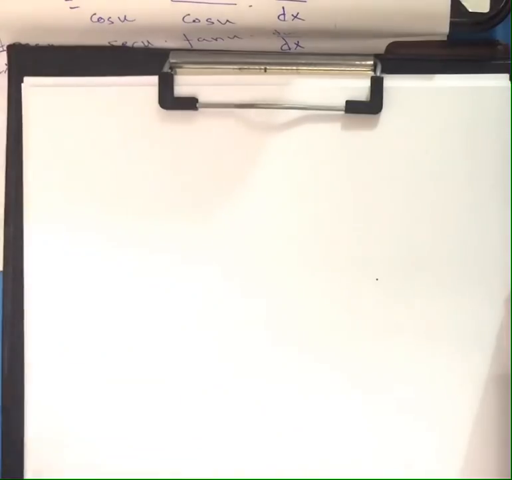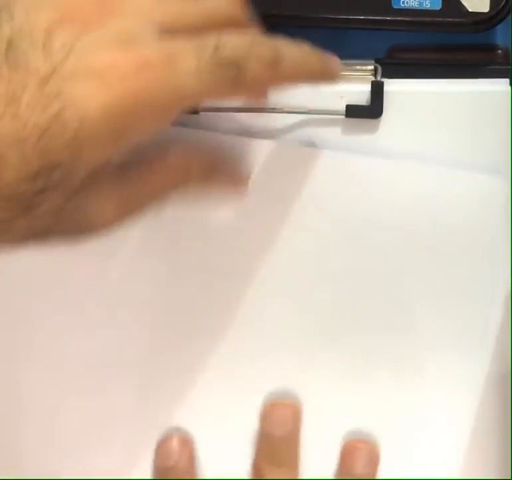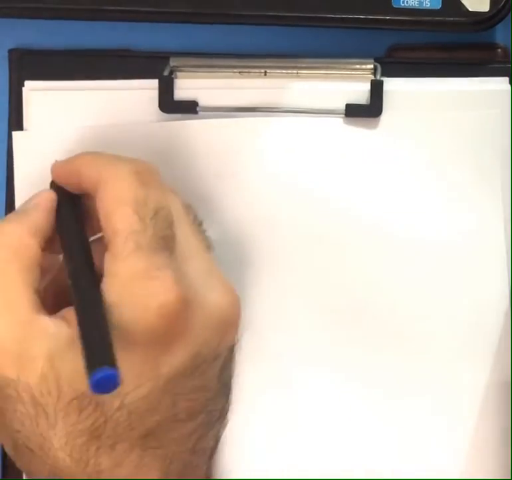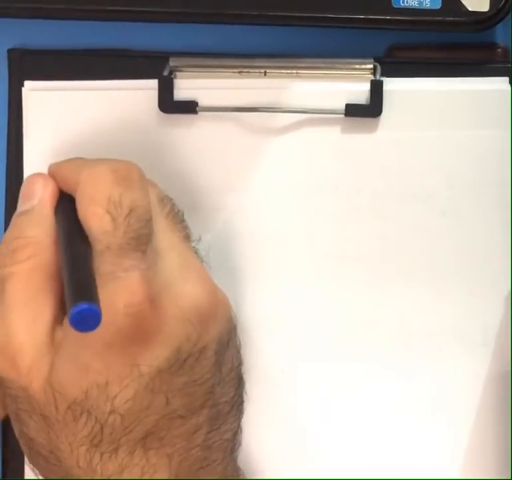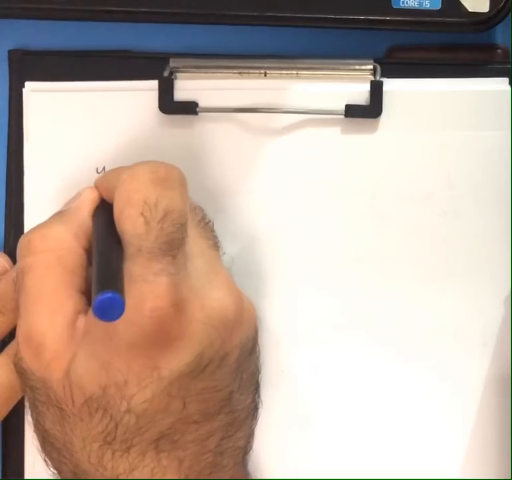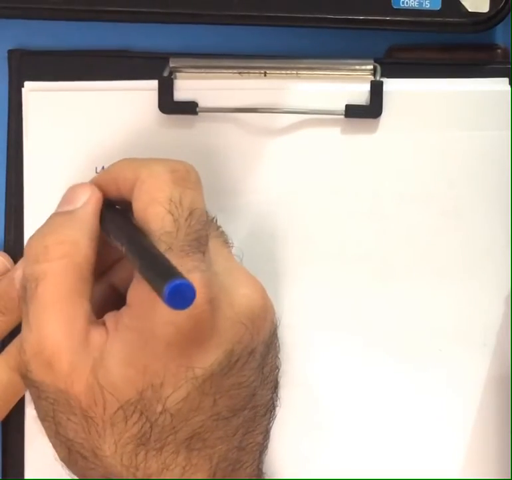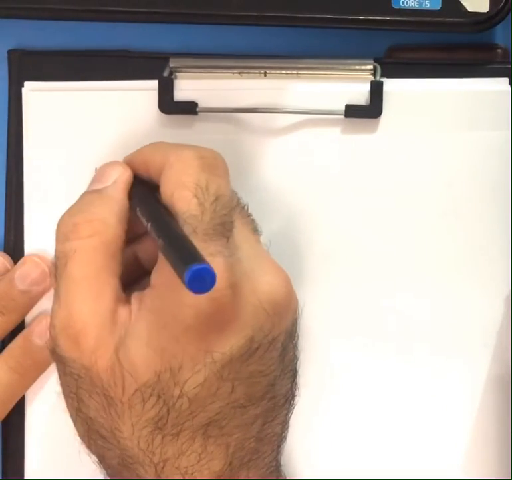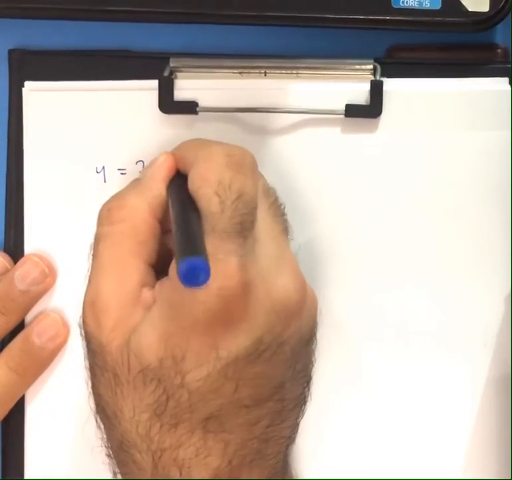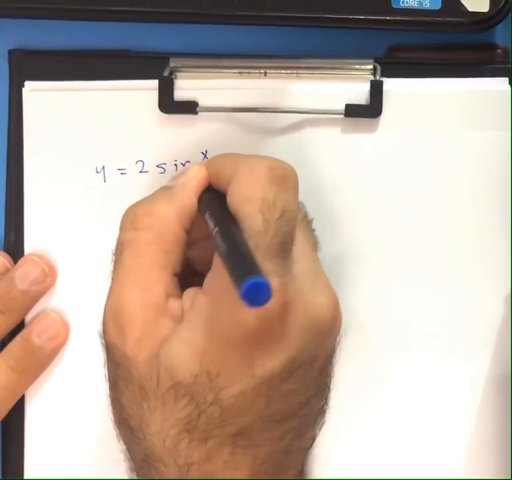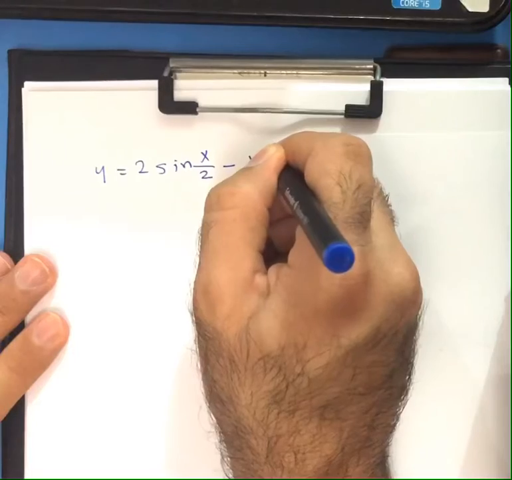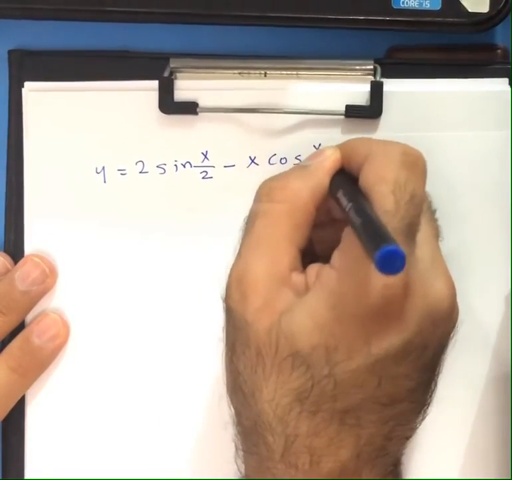Now let us complete with another example. For example, let us find the derivative of y equal to 2 sine x over 2 minus x cosine x over 2.